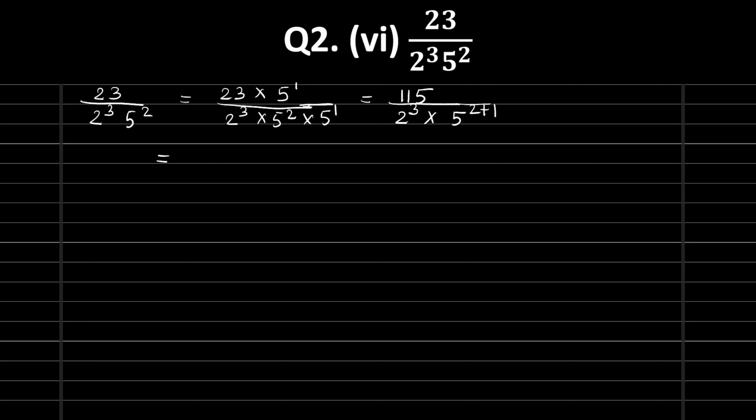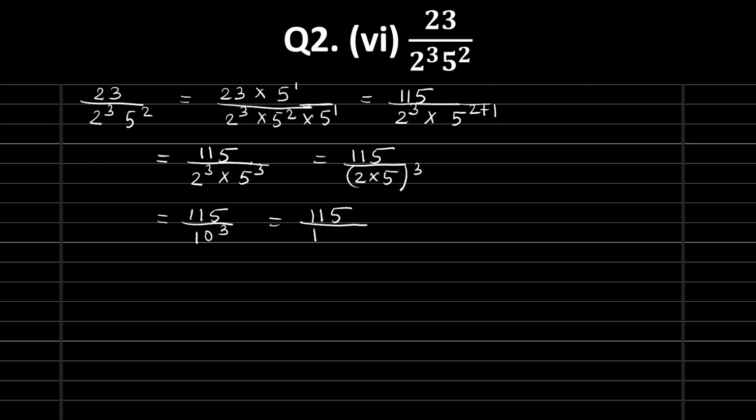Now, here we will have 115 divided by 2 raised to 3 into 5 raised to 3, since 2 plus 1 is 3. Which can be written as 115 divided by 2 into 5 whole raised to 3. Now, 2 into 5 is 10. So, 10 raised to 3. 10 raised to 3 is 1000. So, we can write down 115 upon 1000.